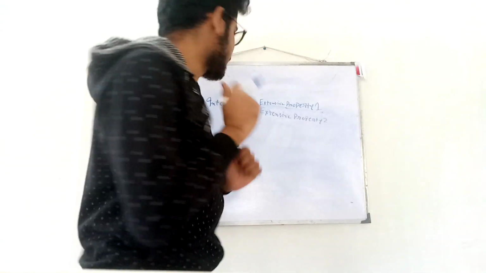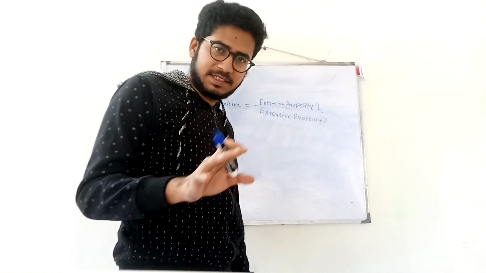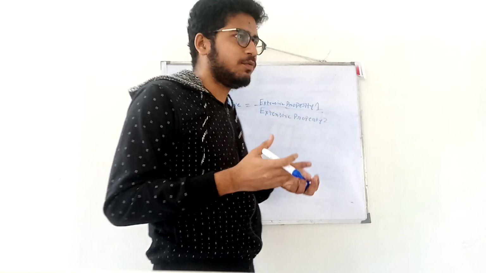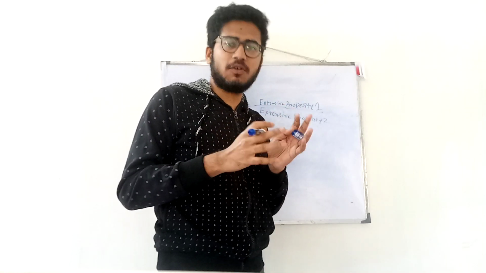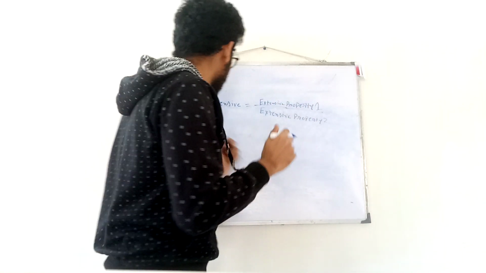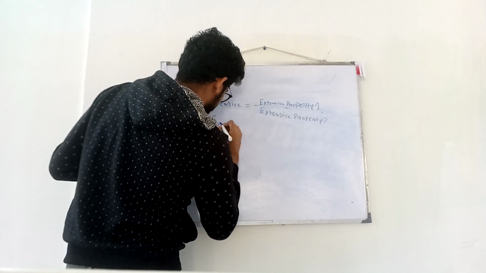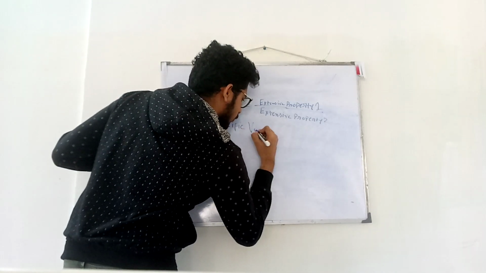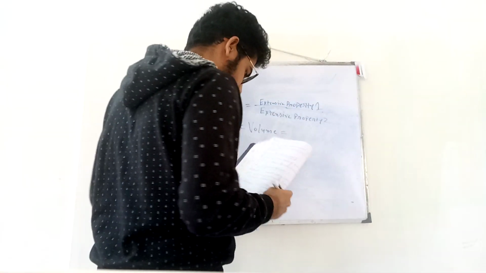Specific volume is an example of an intensive property. So how do we know the value of an intensive property? Suppose specific volume is equal to volume by mass.